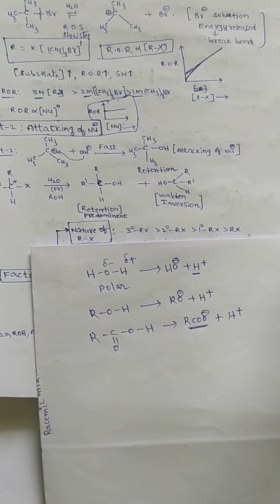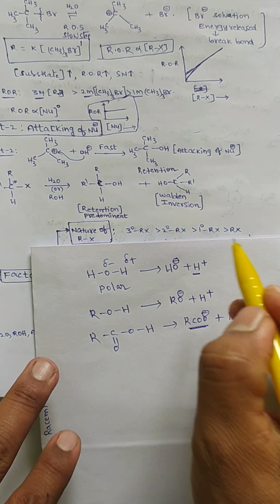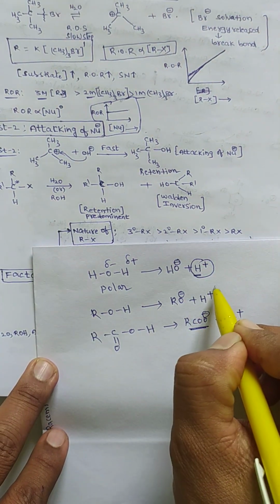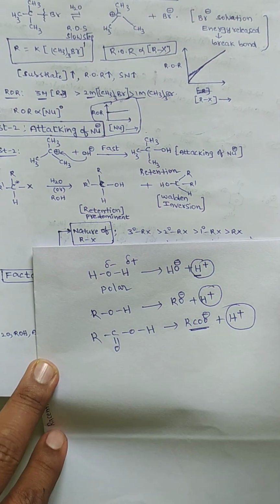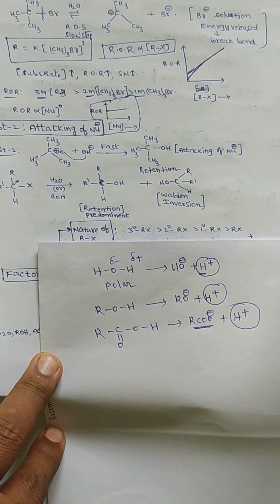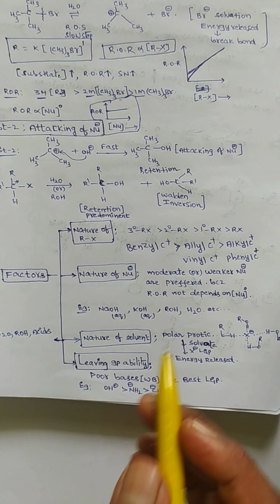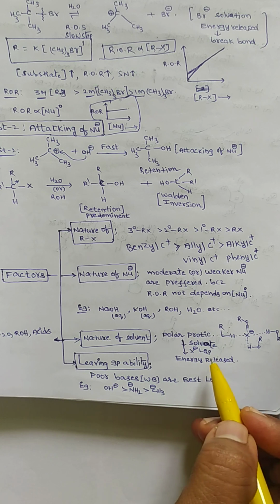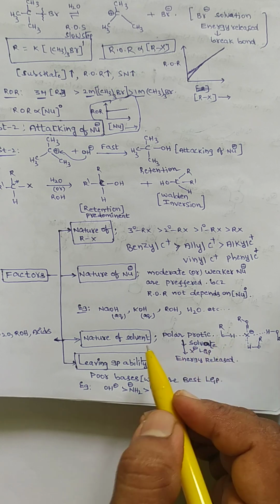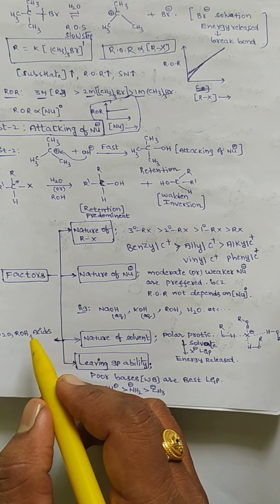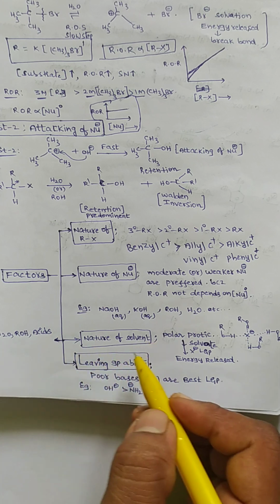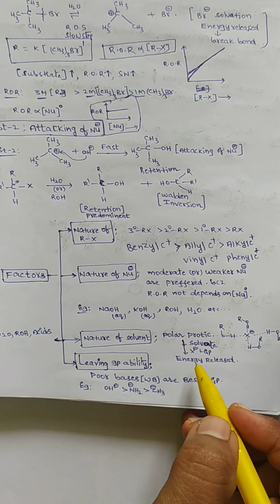The solvents which have polar nature and release H+ ions are called polar protic solvents, and they are more favorable. Examples are water, alcohols, and acids. All these come under polar protic solvents.